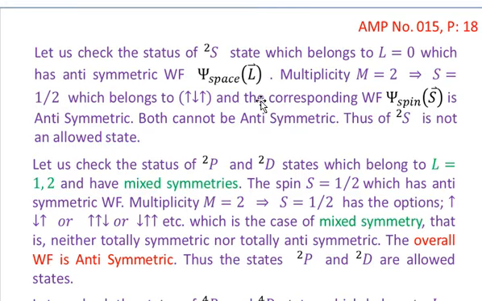So you see that we have already established in the previous paragraph that psi space of L for the value of L is equal to 0 is an antisymmetric function. But here we have established that psi spin for a value of spin capital S is equal to half is an antisymmetric function. So both are antisymmetric functions. Their product will not be antisymmetric in that sense. So both cannot be antisymmetric. Thus, the 2S state is not an allowed state.